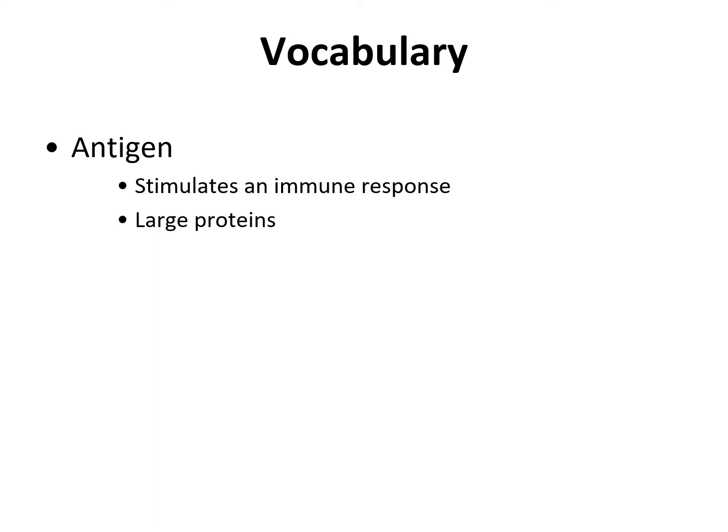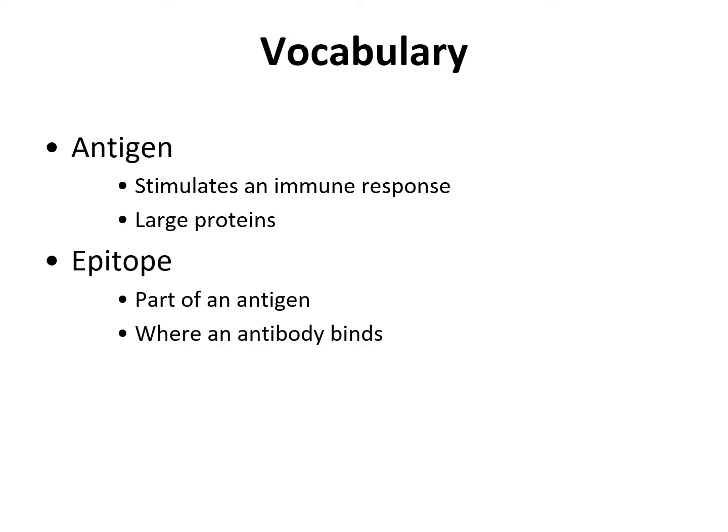The second term you need to know is epitope. An epitope is defined as a small part of an antigen where an antibody binds. So an epitope is a smaller part of an antigen, and that is where the antibody will bind. Every antigen has many epitopes.